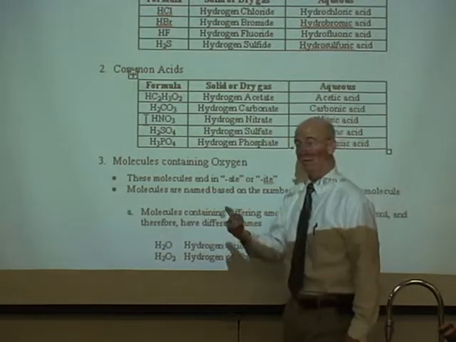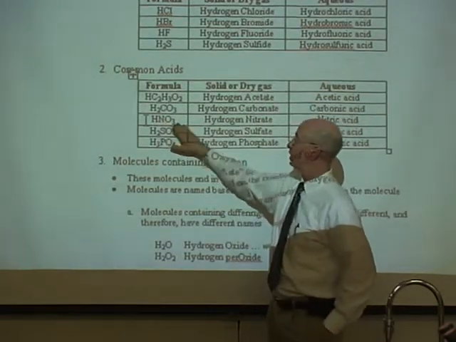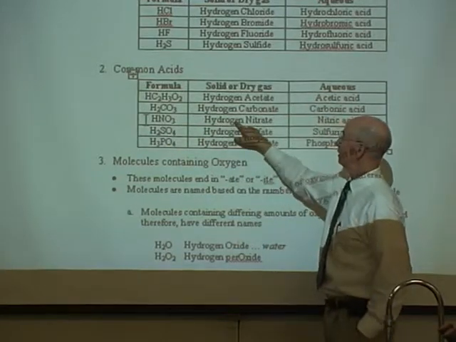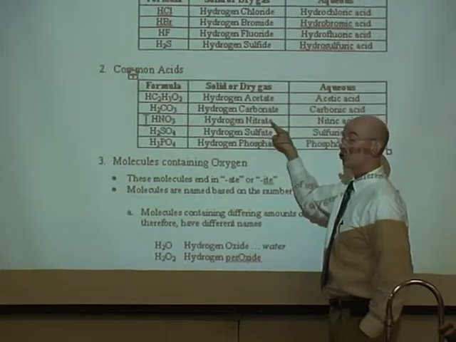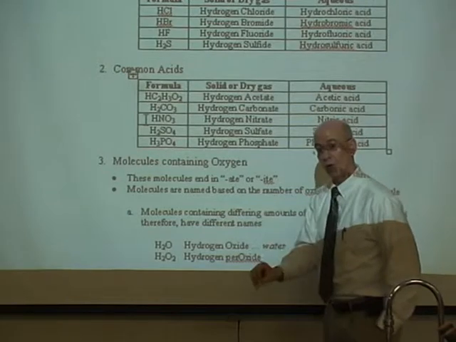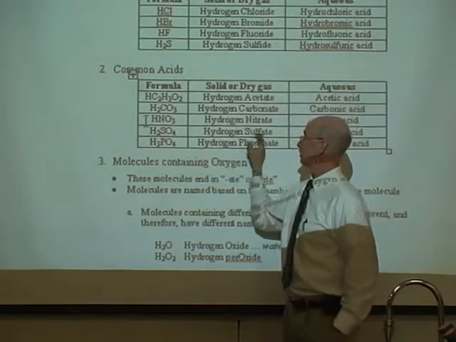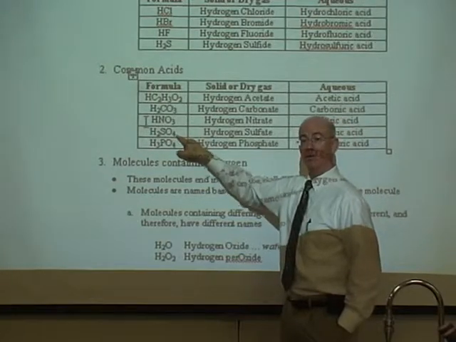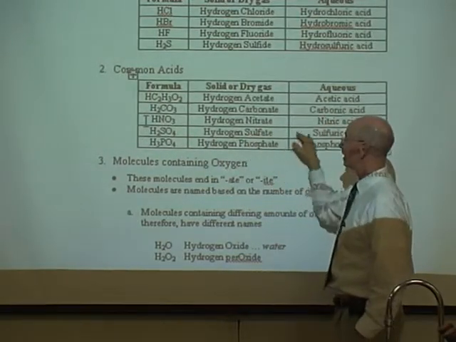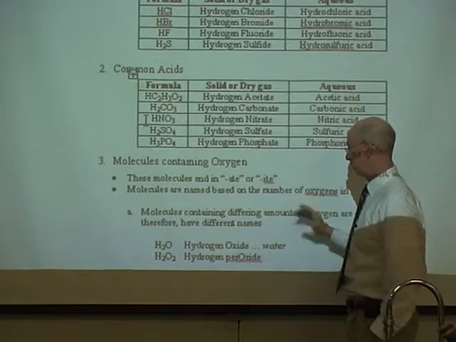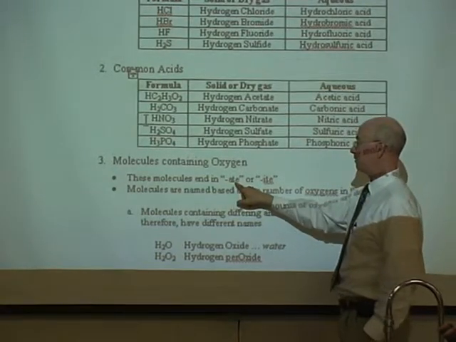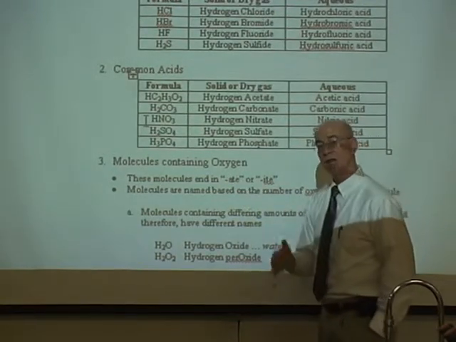So you need to practice these. We have hydrogen nitrate. So this would be, drop the hydrogen, nitric acid if you put it in water and have an AQ. Hydrogen sulfate. Put it in water, AQ, it becomes sulfuric acid. So again, the ATE becomes IC.